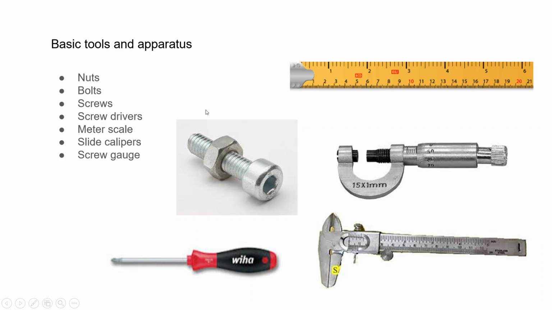We all have seen a screw or bolt. In this picture, this thing is called the nut, and this screw-like thing is called the bolt. So this together is called nut bolt. This is a screwdriver, we all know. This is a meter scale we use to measure length of any object.